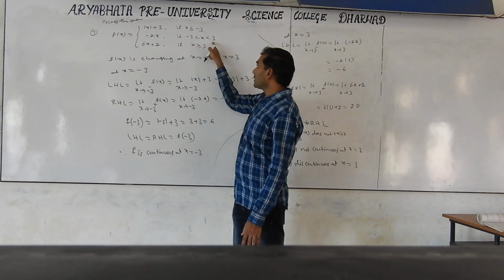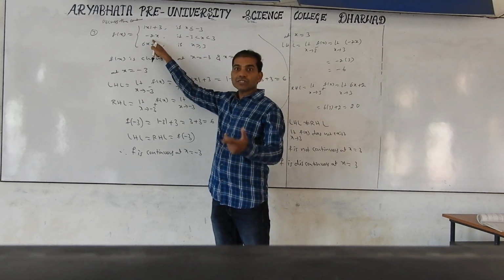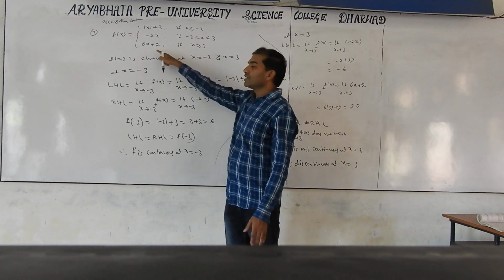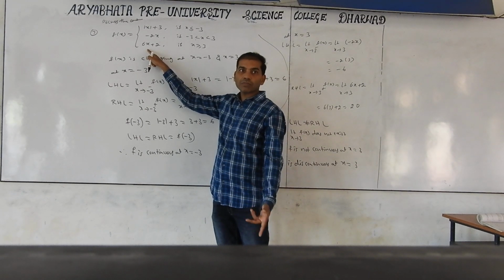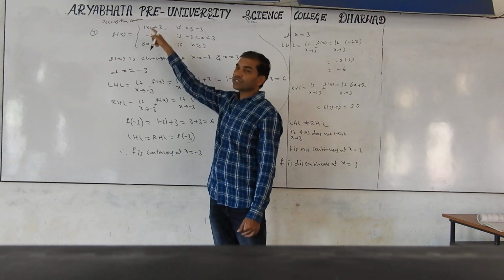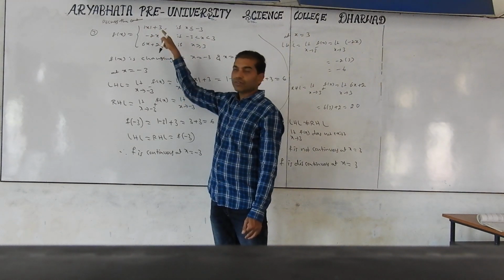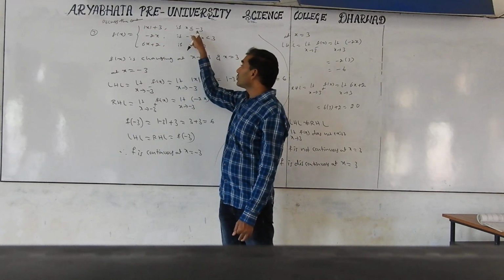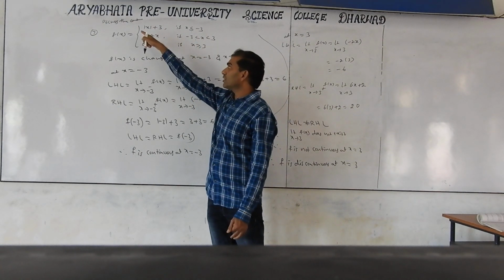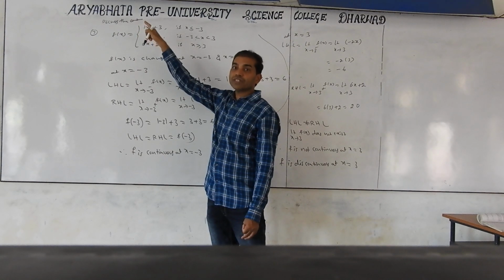Above minus 3 to 3, minus 2x, which is a polynomial, is continuous. And above 3, 6x plus 2, which is also a polynomial, is continuous. If the question is to discuss the continuity, you should discuss each and every point.